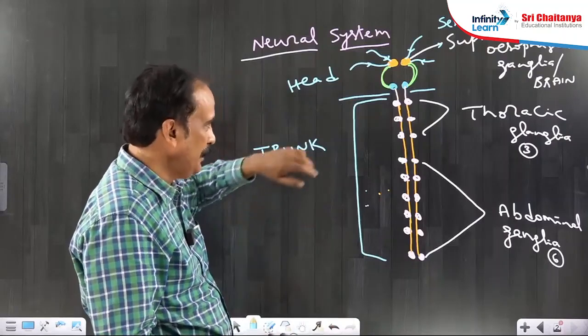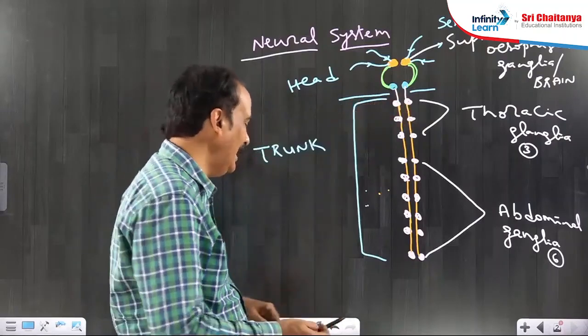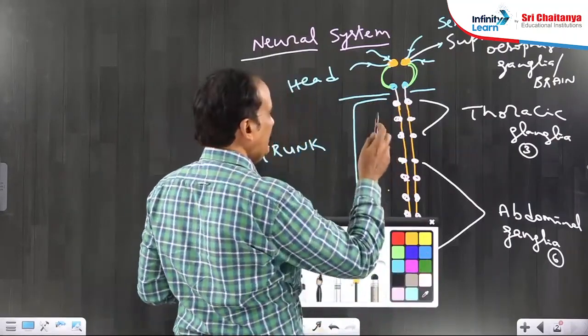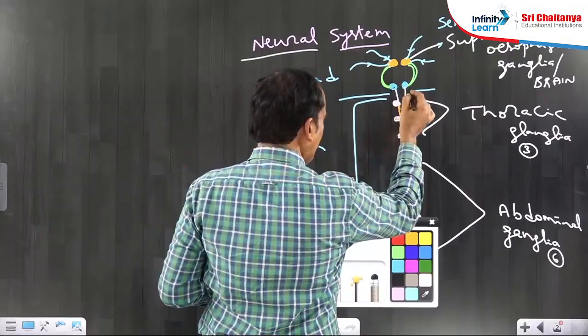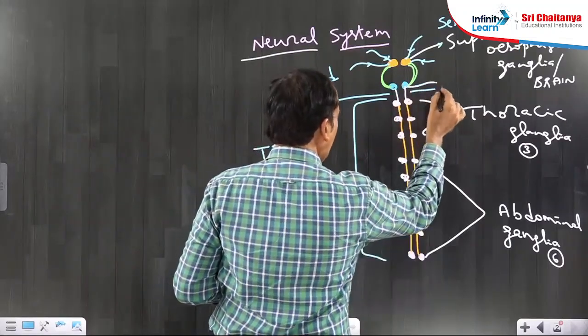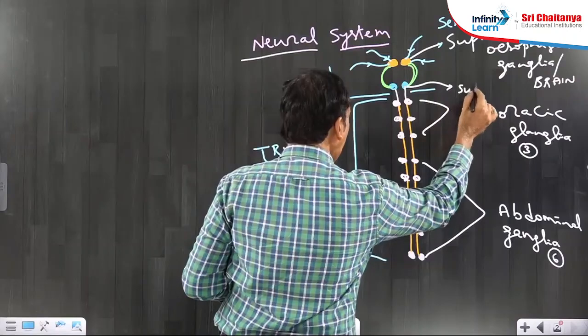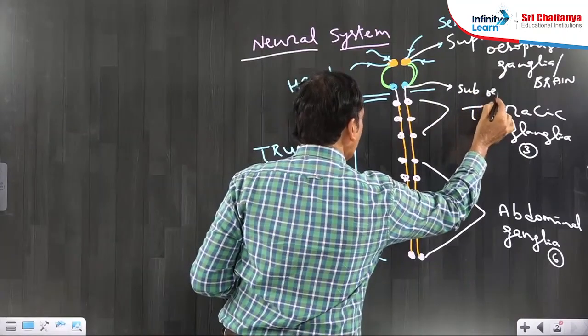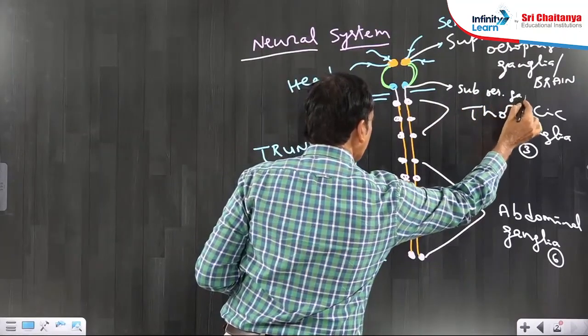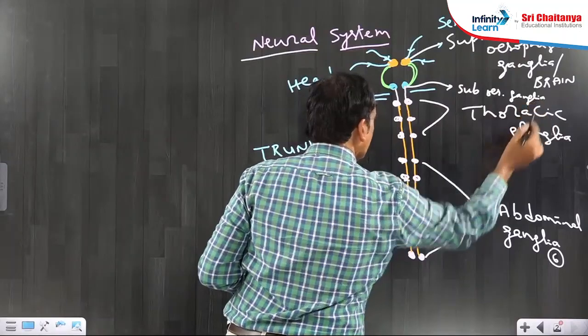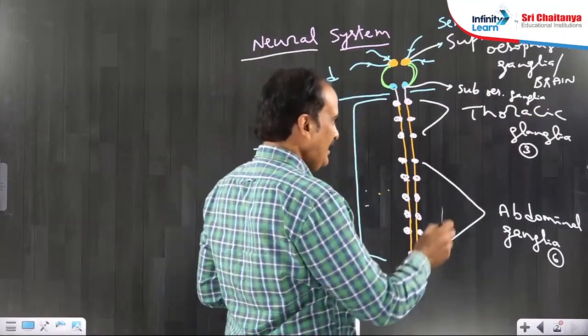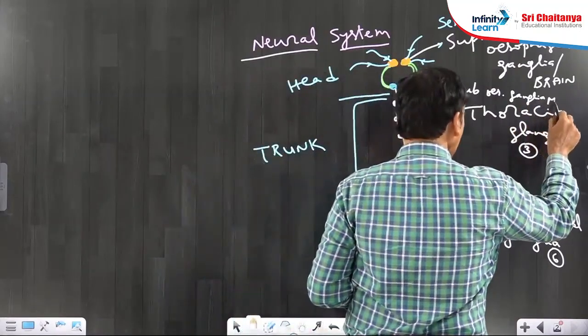The additional information is subesophageal ganglia. This is not actually mentioned in NCERT. There is another pair of ganglia below esophagus called subesophageal. Sub means below. So this will be acting as a motor center.